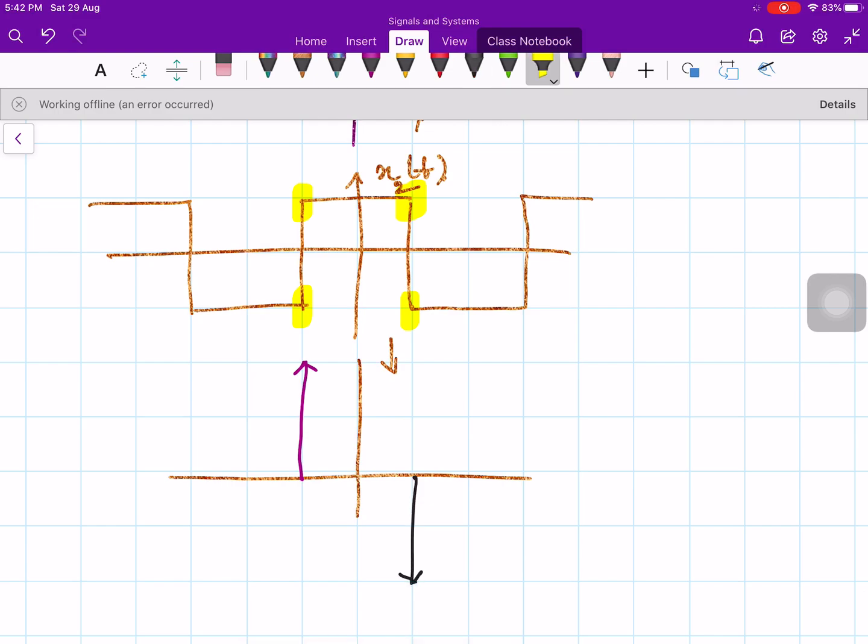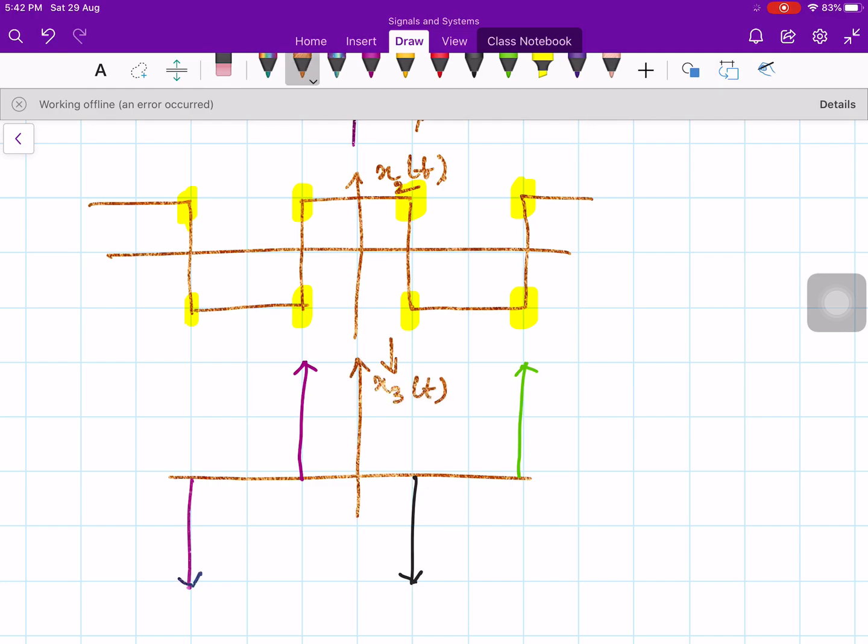Similarly, from this point to this point there is a positive slope, and from this point to this point there is a negative slope, like this. Okay, so this is x3 of t.